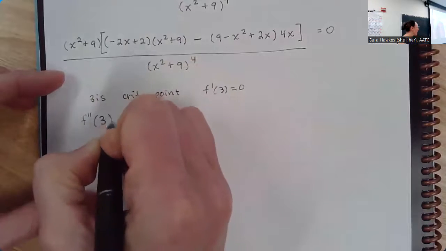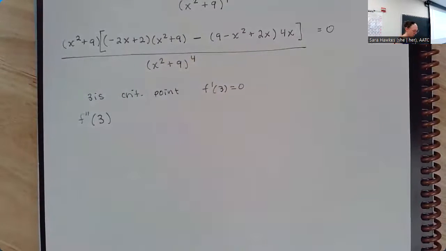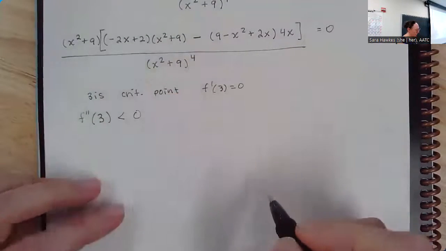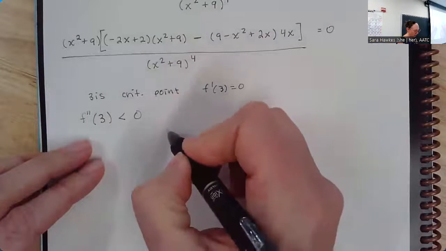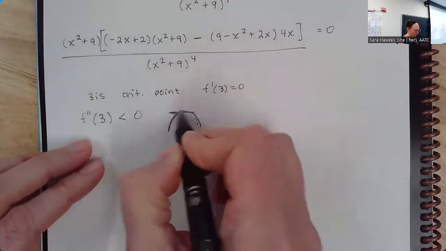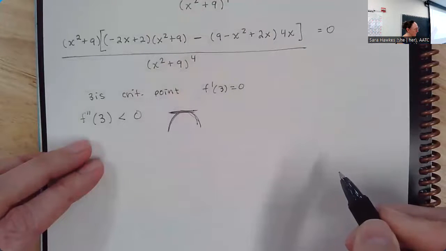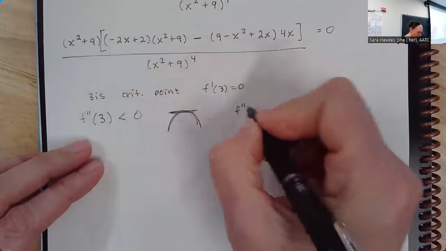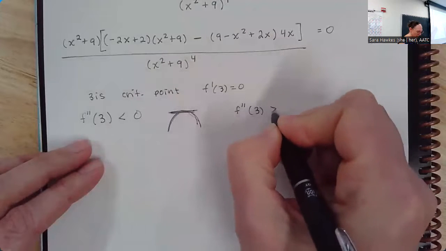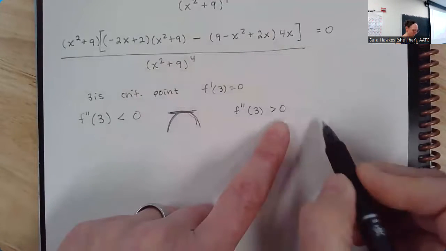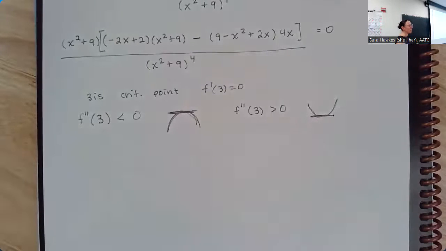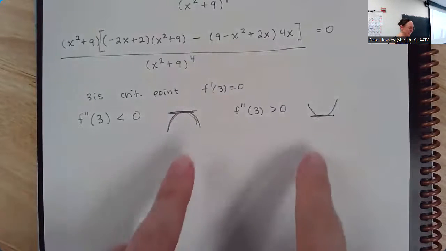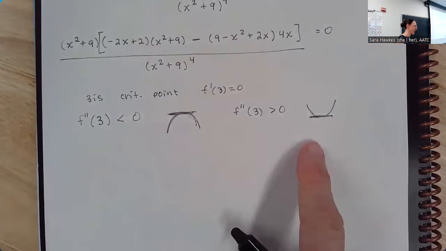If I plug 3 into the second derivative and that's negative, then I know that my graph was concave down, and that's a max. If I plug 3 into the second derivative and I got something positive, then I know it was concave up and it's a min. So it's not helping you to find the value, but that is a technique to decide if it's a max or a min.